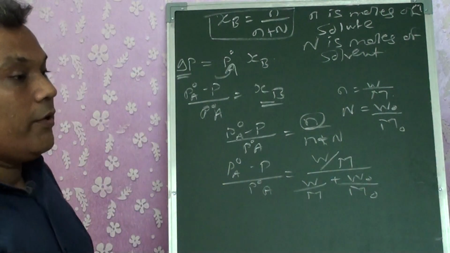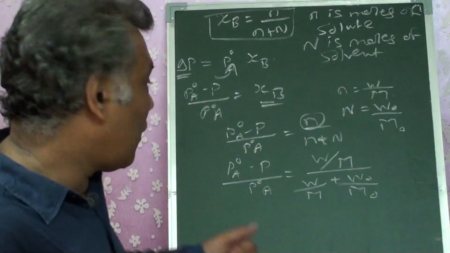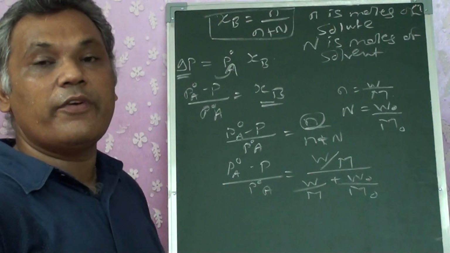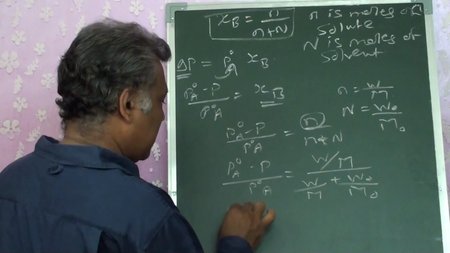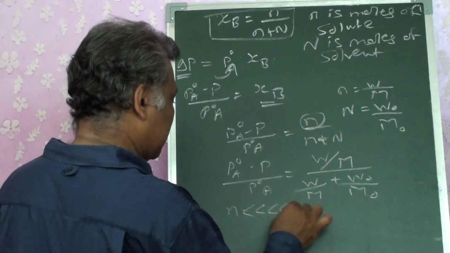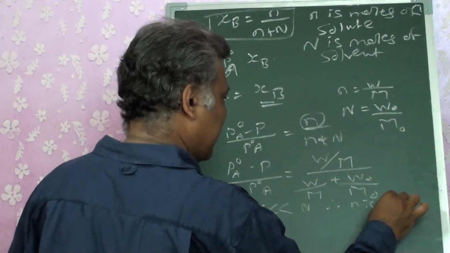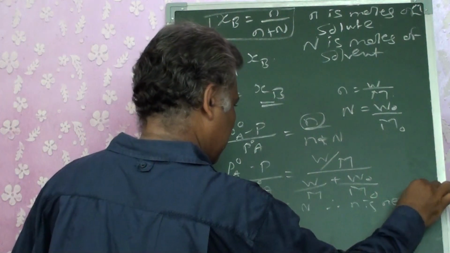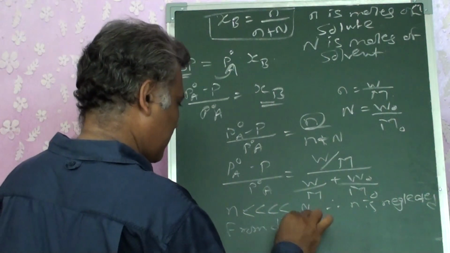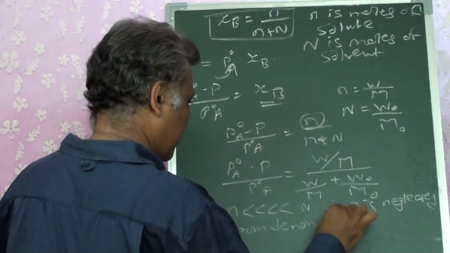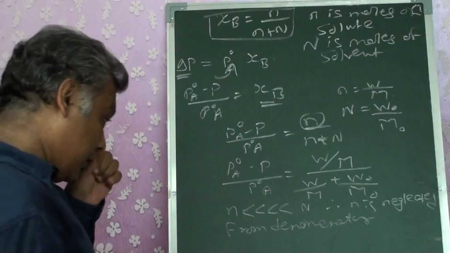But particularly we know that Raoult's law is applicable to a very dilute solution. That means n is much less than N. Therefore n is neglected from the denominator. We are going to neglect the n from the denominator.